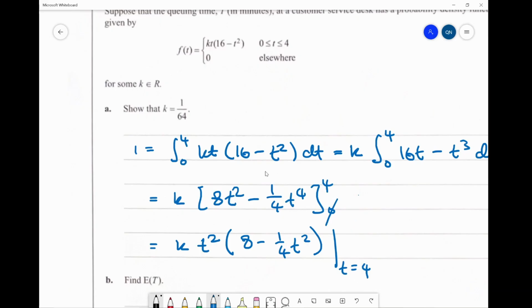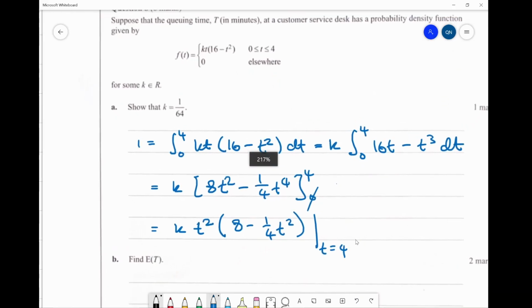So we can plug t equals 4 into everything, and that's going to give us 16 times k, and then we have 4 over here, so what's 4 squared divided by 4? That's 4. So 8 minus 4 is going to be 4. Right, so this is 64k. And because 64k, we equated that to 1 at the very start. That means that k equals 1 on 64 as required.